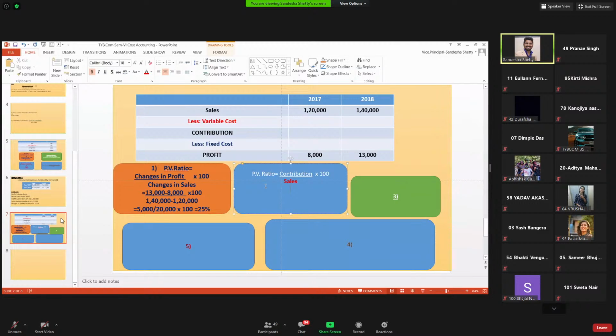What is the PV ratio right now? If you want to calculate for 2017, what is the PV ratio of 2017? Year 2017, what is the PV ratio?